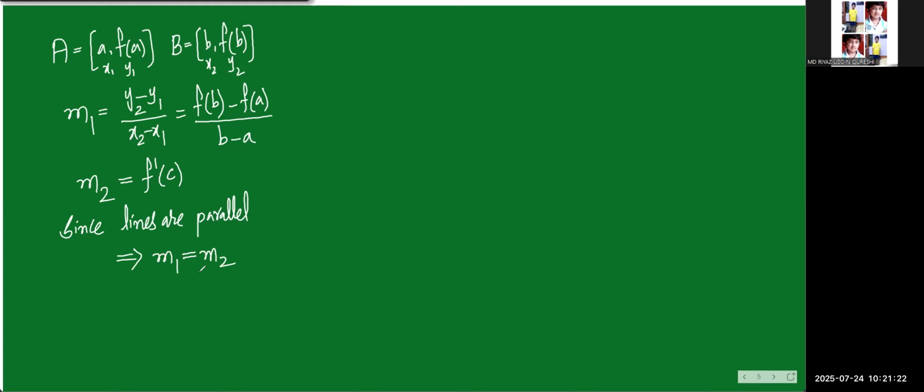Then if you replace the values of M1, that is f of b minus f of a by b minus a is equal to M2 value f dash of c.